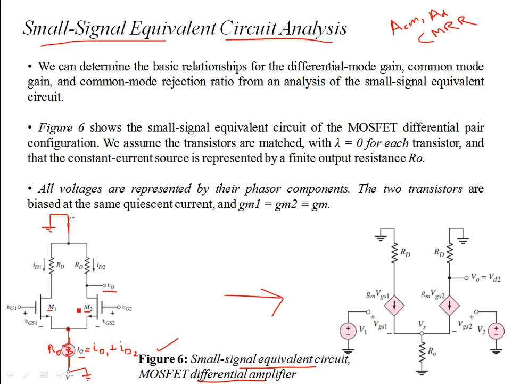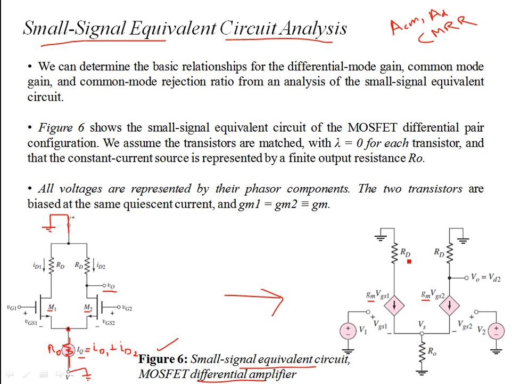The input resistance of the MOSFETs is infinitely high, so we show open circuit conditions across the signal VGS1. Similarly, the same thing goes for VGS2, and then there is a dependent current source of the transconductance amplifier. GM is the transconductance gain; since the transistors are matched, there is no difference in the GMs of MOSFETs M1 and M2.